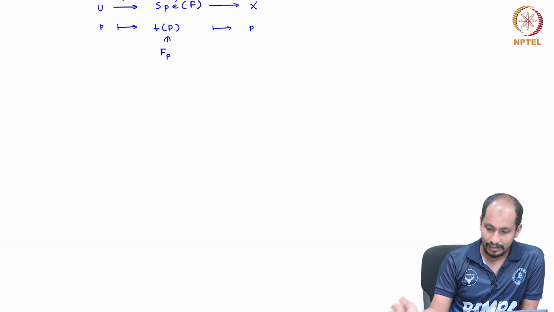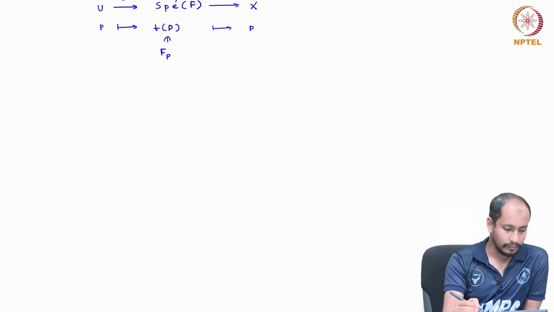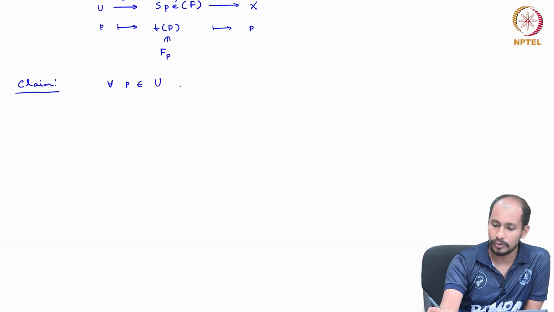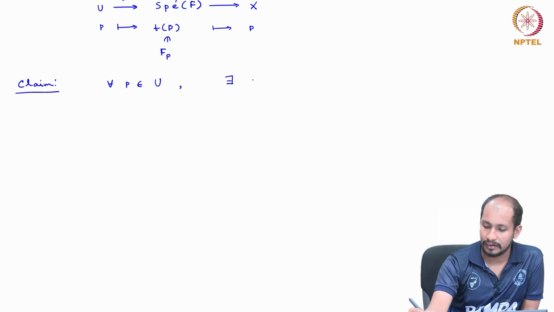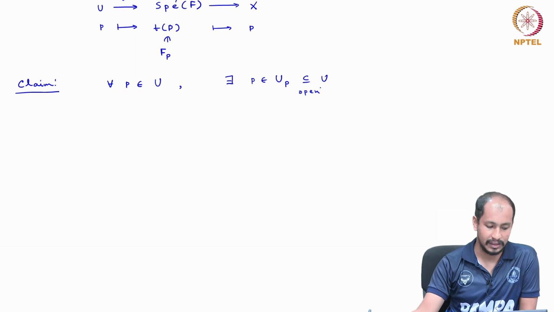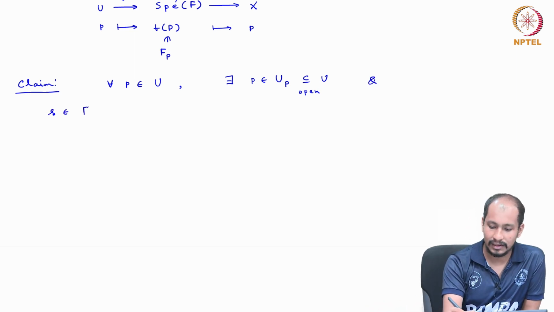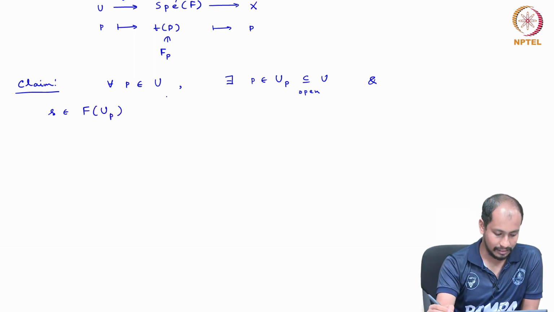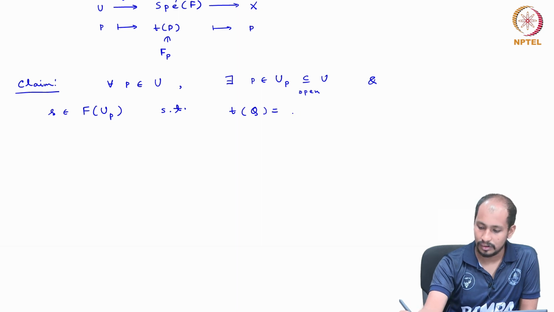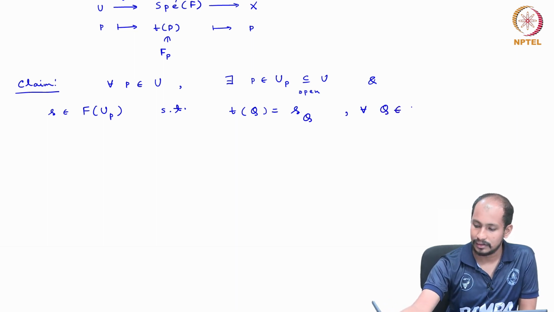So, my claim is that for every P inside this U, there exists a UP, an open subset inside U containing P, and a section S inside F of UP, such that T of Q is equal to S_Q for all Q inside UP.